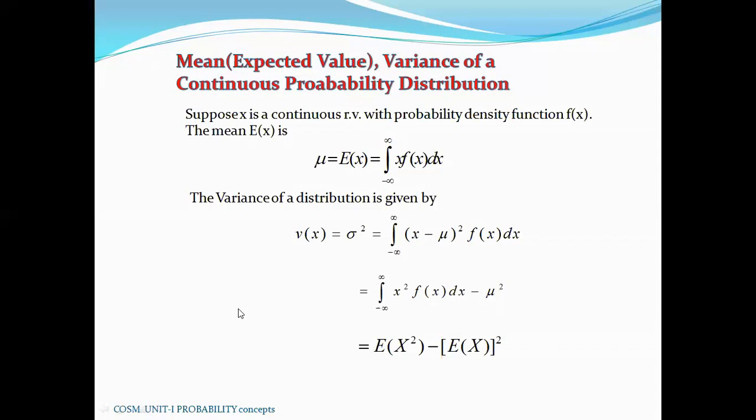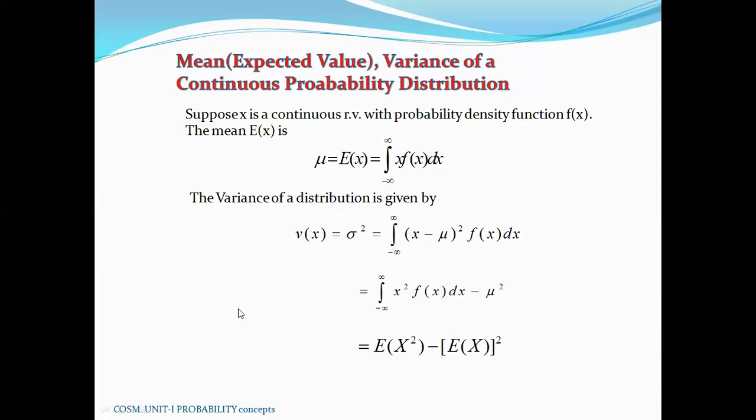That is equal to minus infinity to infinity x square f of x dx minus mu square, plus the product term vanishes here. The first term is expectation of x square, because in place of x you have x square. Mean definition: expectation of x is minus infinity to infinity x into f of x dx.